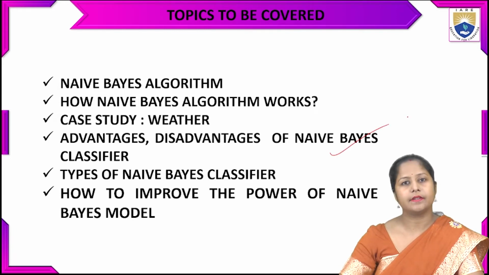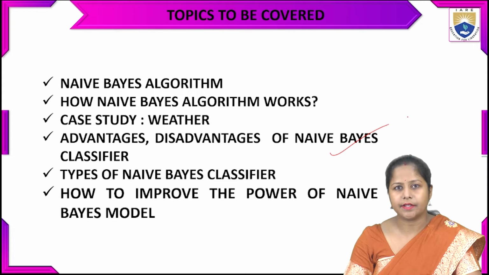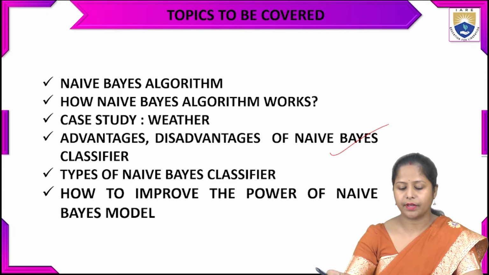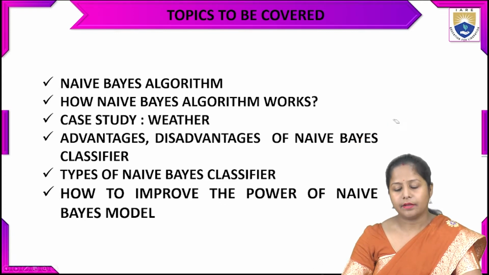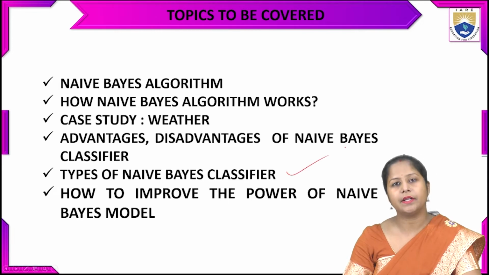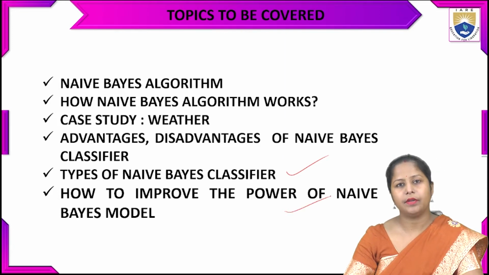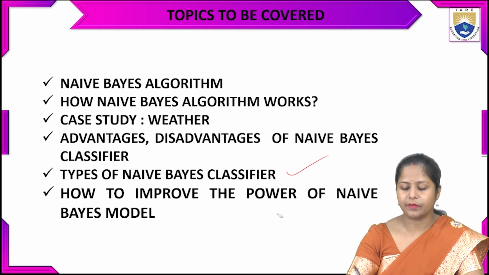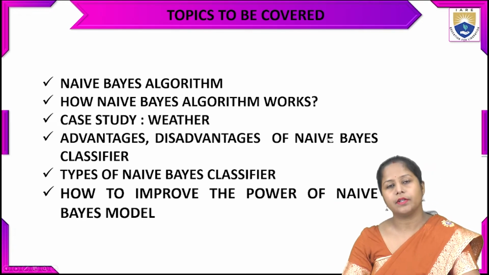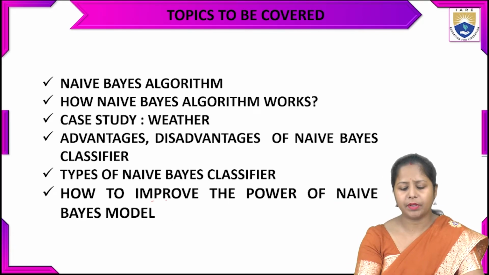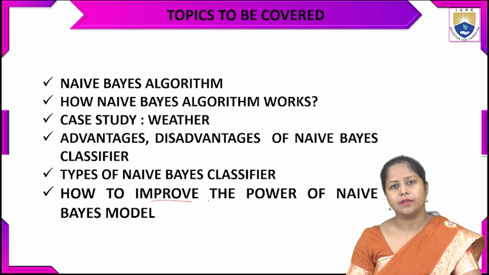Then we will see the advantages and disadvantages of the naive Bayes classifier, how many types of naive Bayes classifiers there are, and how to improve the power of the naive Bayes model. What are the different remedies? We will see that.